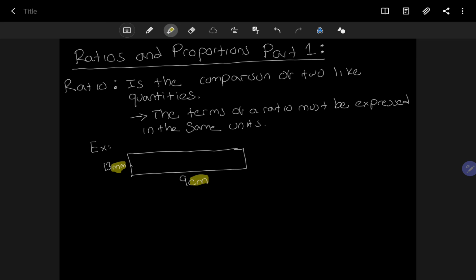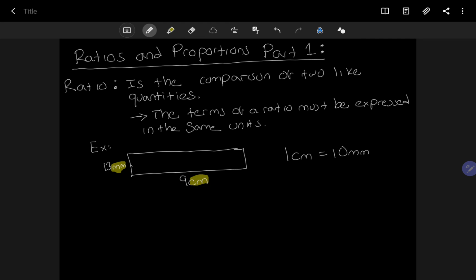No, right? One of them is millimeters, the other one is centimeters. So at this point, what we have to do is make sure that we get into the same one. And so we have to remember, 1 centimeter equals how many millimeters? 10 millimeters. Yep.